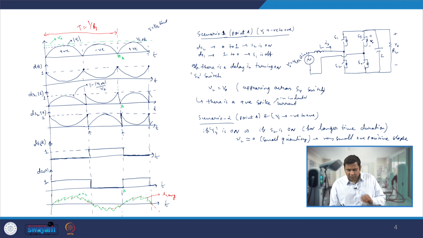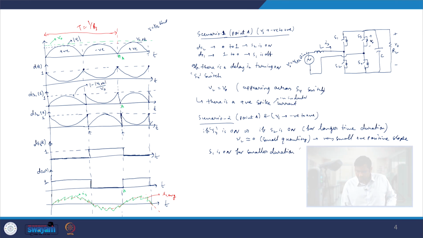So S2 is on for a longer duration, and at the same time my S1 is on for a smaller duration, because in a switching cycle if S2 is on for a longer time, S1 can be on for the remaining duration only, which is very small. During this instant when S1 is on for a smaller duration, the voltage across the inductor is nothing but Vs minus V naught.